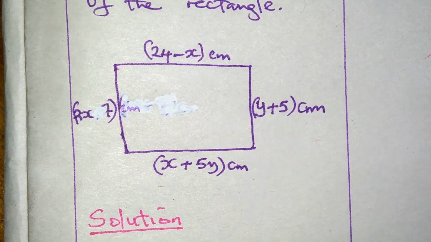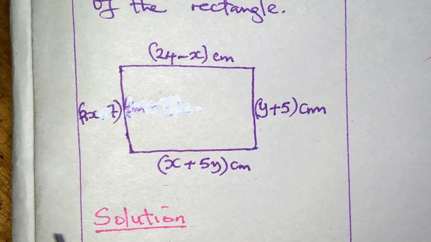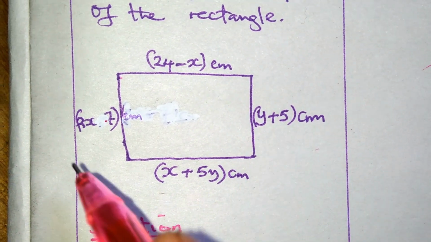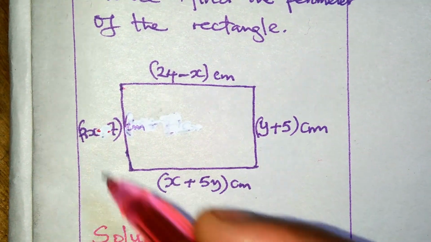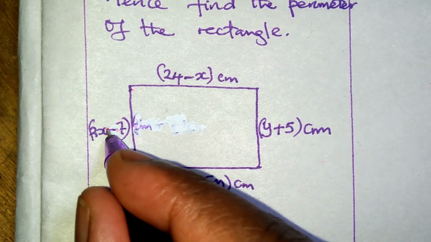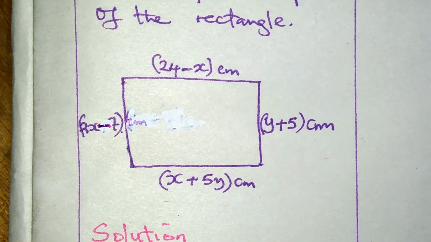Now here, we use the rule that for a rectangle, two opposite sides are equal. This side and this side are equal. Now this is actually supposed to be minus 7 here. So it's 2x minus 7.